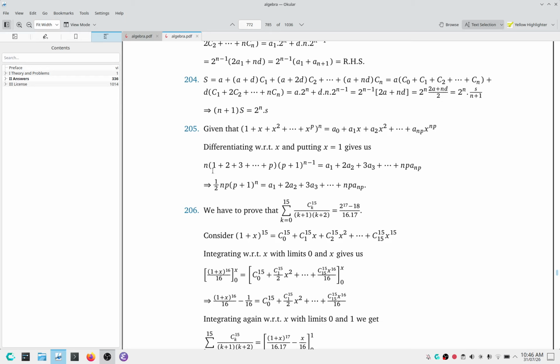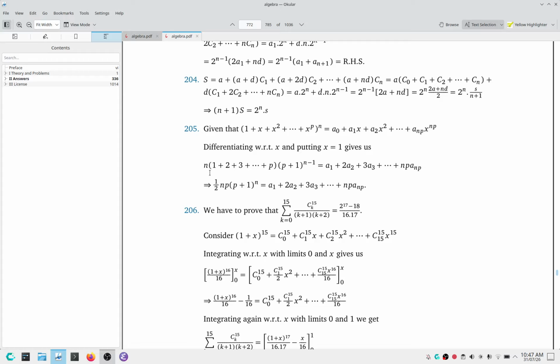So left hand side becomes n times 1 plus 2 plus 3 up to p times p plus 1 to the power n minus 1, because these powers will come in front of those. So x will become 1, x square will become 2x, and will continue till p. And then this power will be less by 1, so n minus 1. And right hand side becomes a1 plus 2a2 plus 3a3 up to plus np anp.